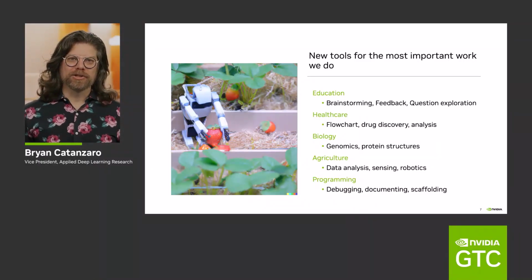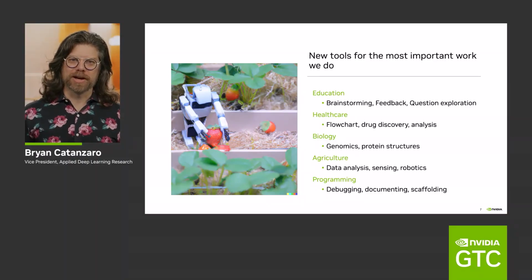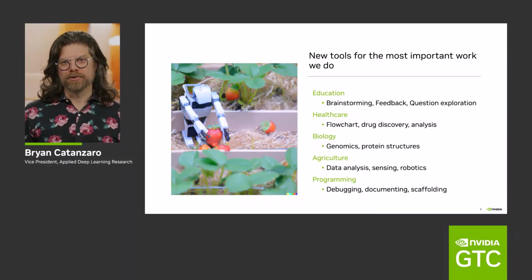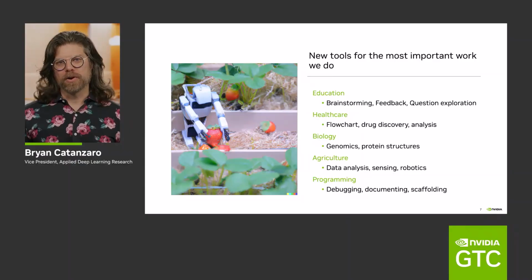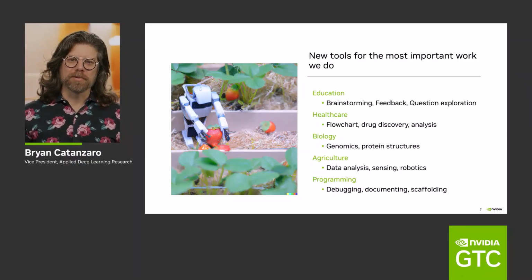When we think about healthcare, it's going to help us walk through flowcharts of what we might be experiencing to better understand what kinds of actions we should take with our medical professionals to improve our health. It's going to help the industry find better treatments, new kinds of chemicals that can be used to treat different problems.